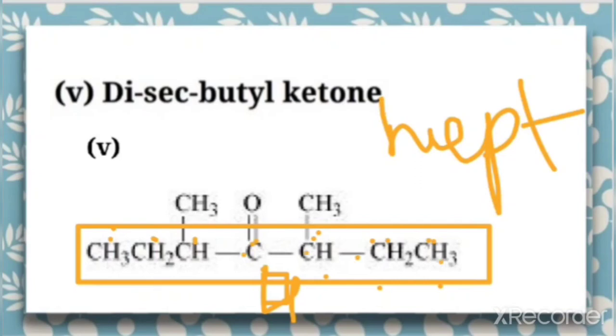On the 4th carbon there is a ketonic group, so hept 4-one, and there are 2 substituents, that is methyl group, that is on the 3rd and 5th, that is 1 2 3, and this is on the 3rd position and it is on the 5th position. So 3,5-dimethylhept-4-one. So this is the name for this compound.